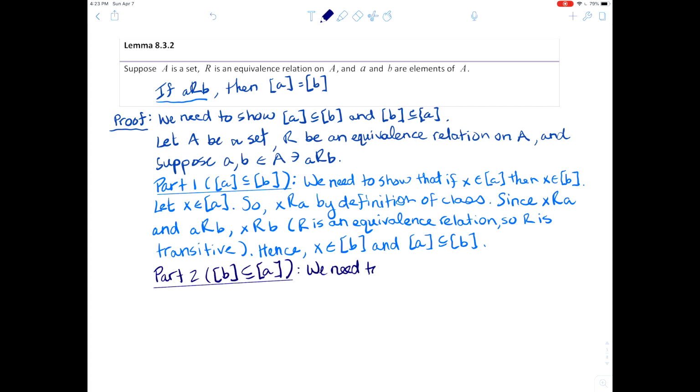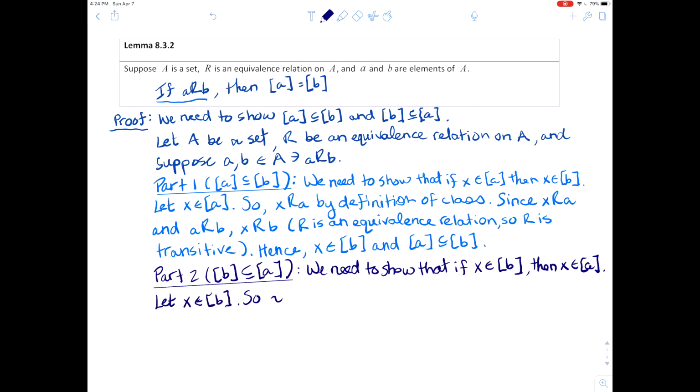We need to show that if x is an element of the class of b, then x is an element of the class of a, is what we need to show. All right, so let's do it. Setting it up, we'll let x belong to the class of b.